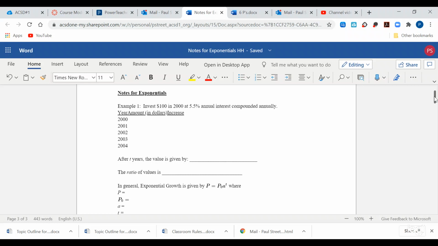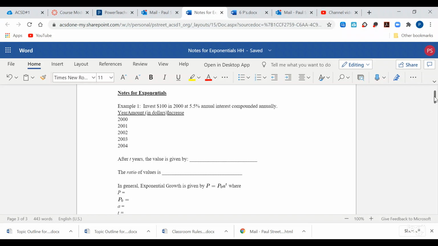Right? So this 105.50 is really the 100 times a 1.055 times another 1.055 in year 2. Is that okay? Which is supposed to suggest exponential growth. So it's the 100 that we started with times that 1.055 squared. Okay?